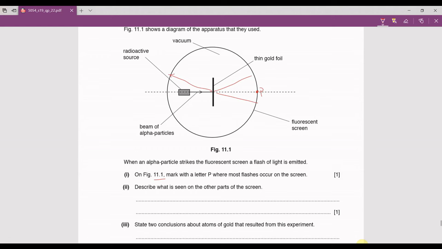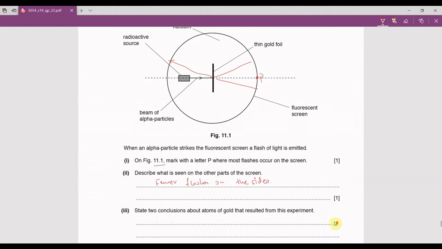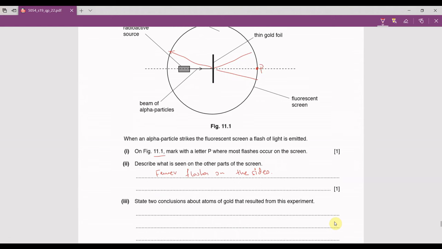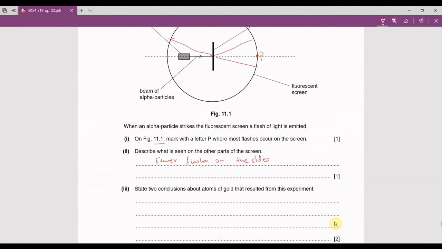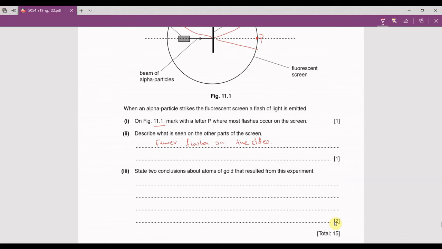So what you're going to say is simply fewer flashes on the sides. I mean, this is enough. You don't need to write more, because fewer particles are being deflected, and most of them pass straight through. So apart from the center, you're going to see very few flashes around that point P.